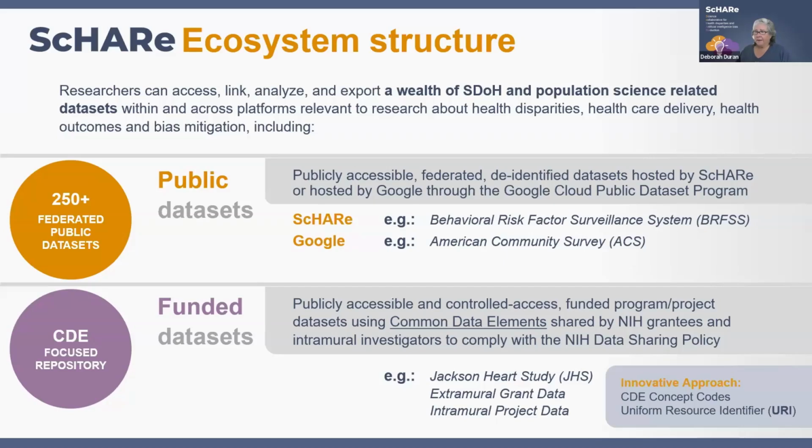As I said, it's actually 260 now, federated data sets, and we're releasing a repository in September. This is important for all of you who are NIH grantees. This will comply with your mandate for data sharing and data management.